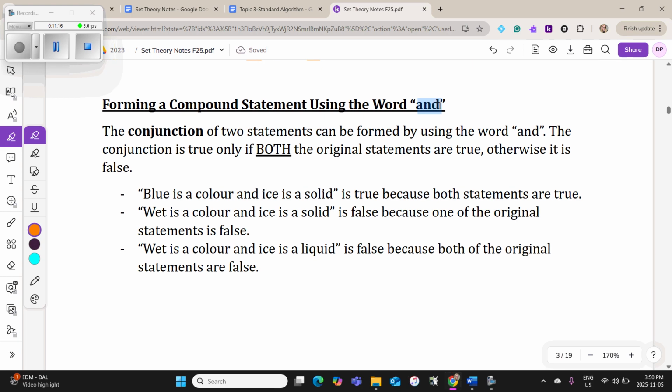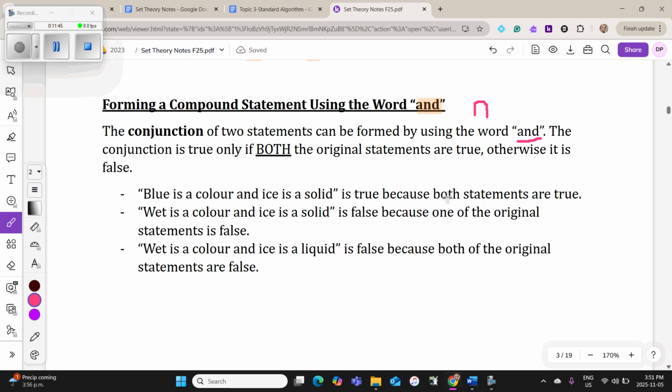So when we get into set theory, we will be using this symbol here. It's kind of like a large upside down U or a large lowercase n to represent the word and. It also means the intersection. So this is called the conjunction: two statements can be formed using the word and.